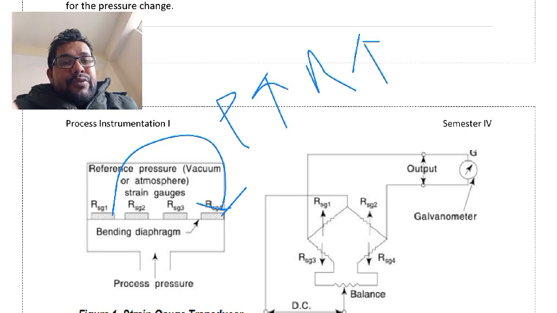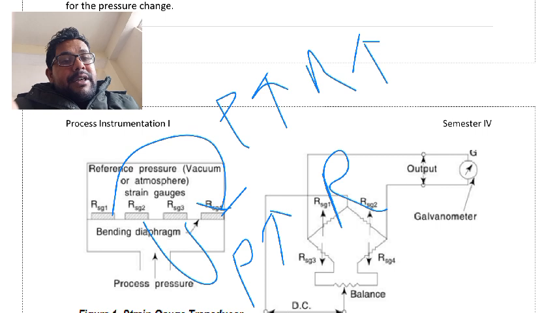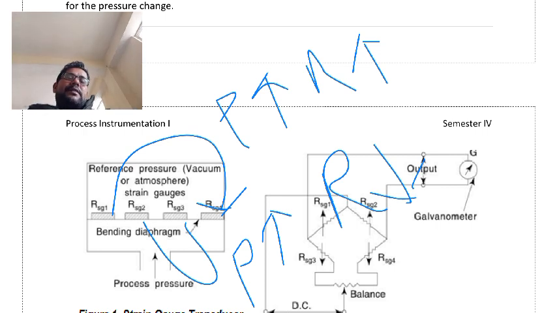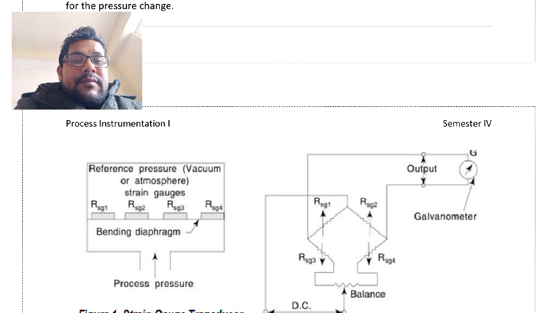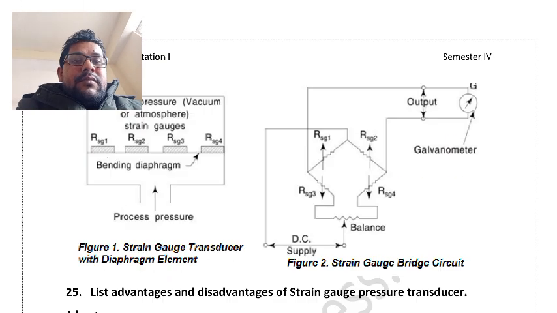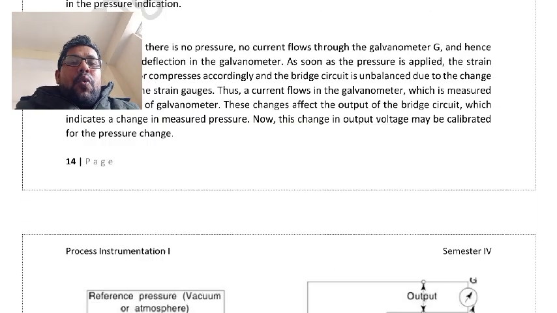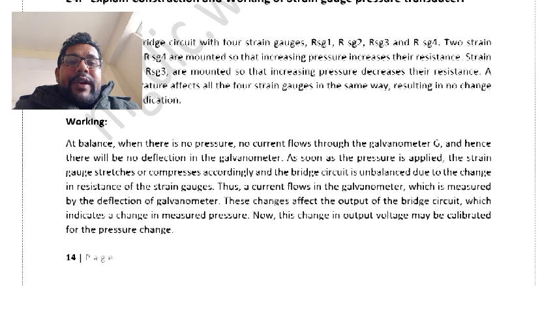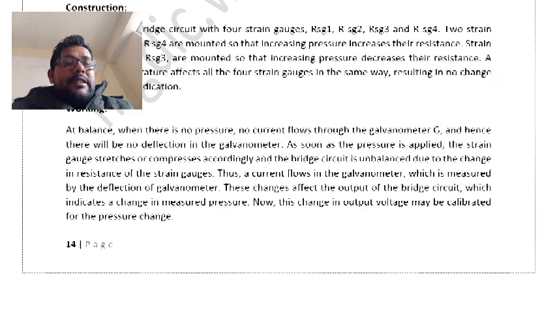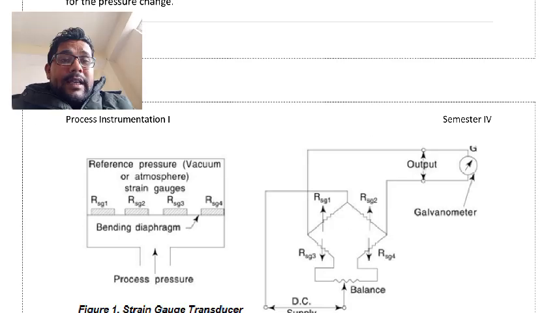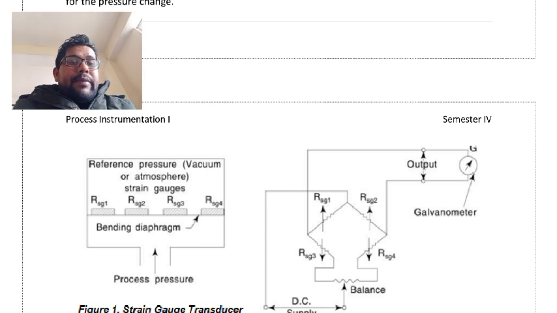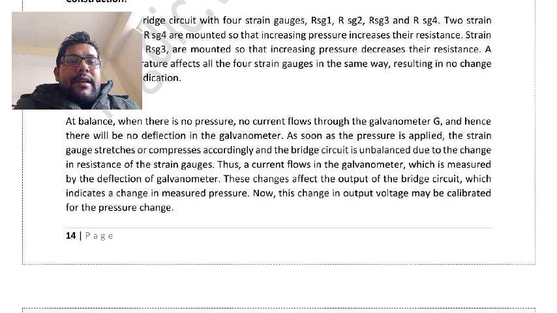For R2 and R3, if the pressure increases, their resistance must decrease. Next we will discuss the working, how these instruments work, starting from the balanced condition. We have already discussed the bridge.